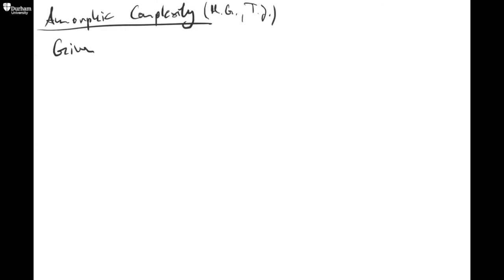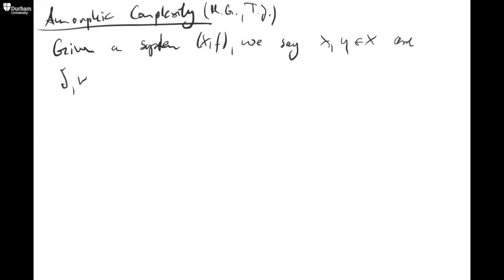So in the following, we always assume we are given a system (X, f), okay? And then we say two points x and y in X are delta-nu separated, where delta is something bigger than 0 and nu is a frequency, so this will be something between 0 and 1, if the following frequency is bigger than nu.